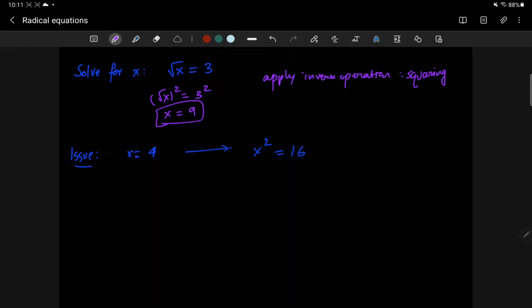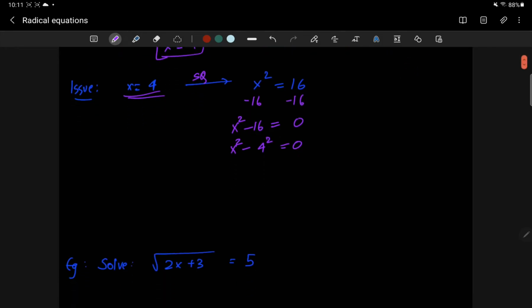However, there is one small issue that we have to address here and thus be careful about. Suppose we start with saying x equals 4, right? And then we square it and I get x squared equals 16. Now I subtract 16 on both sides, get x squared minus 16 is 0, but 16 is 4 squared.